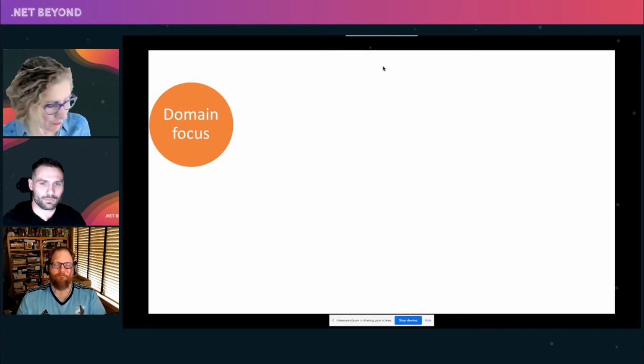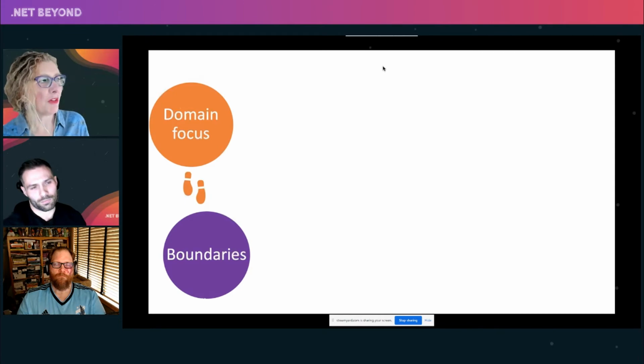But then the very next thing was this concept of boundaries, right? I really didn't understand bounded context. I thought that's what I was doing, but really all I was doing was taking advantage of this idea of boundaries. And it took me a while.